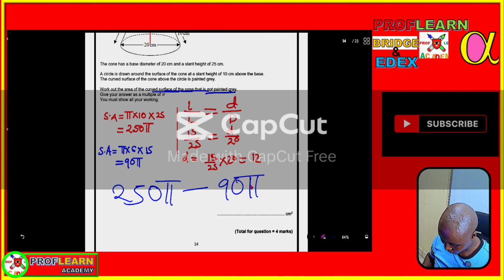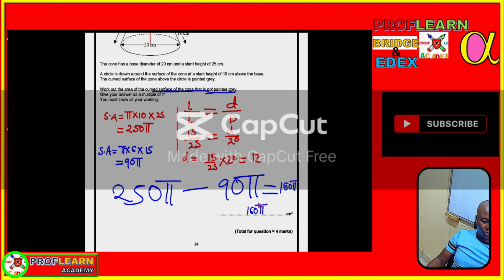If you work it out, we're going to get our answer as 160 pi. Yeah, so this is exactly what you are supposed to do in order to get the mark for that. For those who have worked it out, that is great.